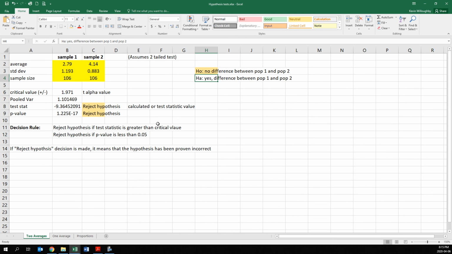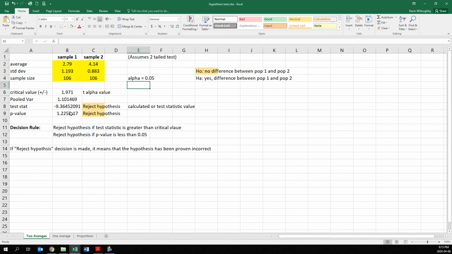Which basically says that there is a statistically significant difference between the values in population 1 and the values in population 2. We can determine a p-value, which will automatically be calculated. We compare that p-value to the level of alpha. Alpha is always assumed to be 5%.